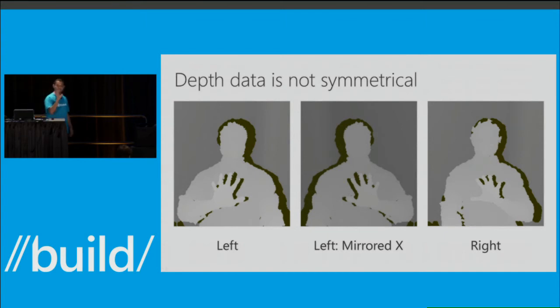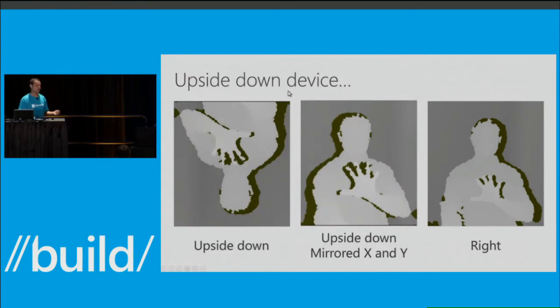So the recognizer cannot just recognize the state of the left hand by mirroring a recognizer for the right hand. See? These are the kind of domain expertise that you gain over time. By the way, this is exactly why a lot of people ask us, isn't it simple to make the sensor work upside down?